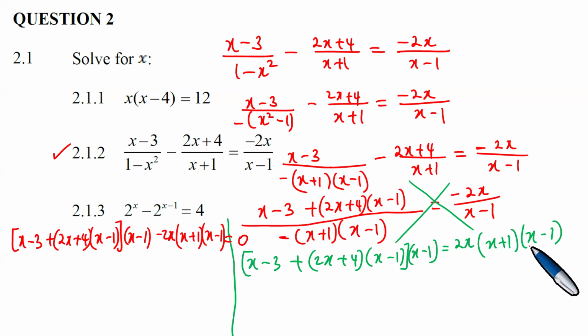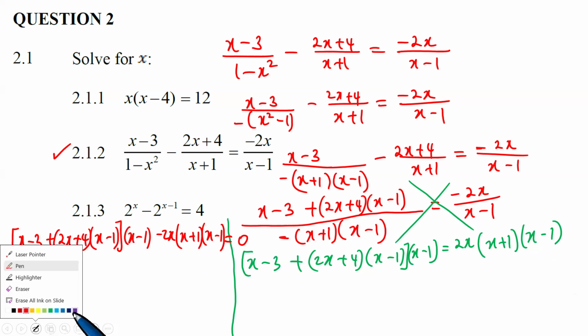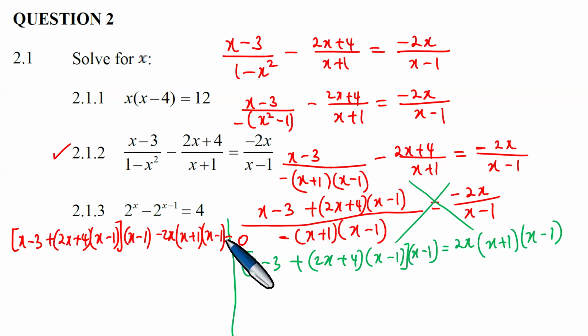At this point, we moved all these to one side of the equation. So it was 2x and then it became minus now. But we're able to see x minus 1 is a common factor. There's x minus 1 here outside the brackets, and there's also x minus 1.